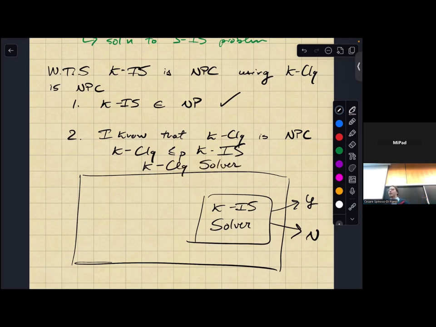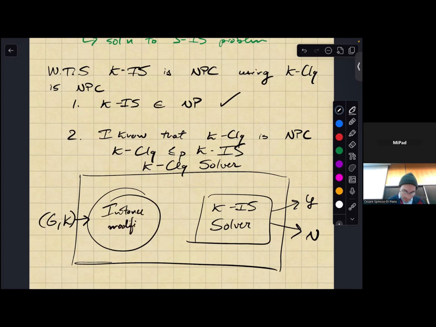So what does a K-clique solver do? It takes some graph G and some number K. When you give it to the K-clique solver, it should tell you yes if there's a K-clique and no otherwise, right? But to create this K-clique solver using my K independent set solver, I need to create an instance modifier, which takes G and K and converts it to an instance of the independent set problem.